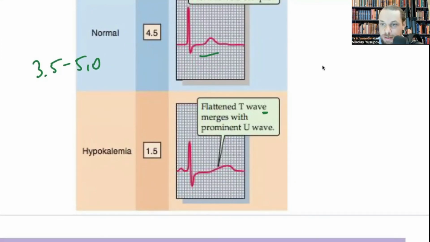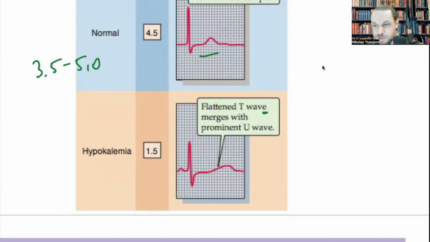However, truly speaking, we are only checking the level of electrolytes through blood work. So you may have this on your EKGs and you may correlate with what's going on. But to really know the level of potassium in the blood, we have to check the blood work. But if you have sustained losses of potassium, yes, you will get to this level. Why do I bring this up?